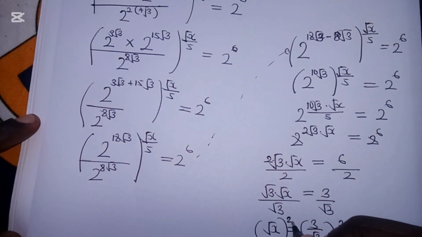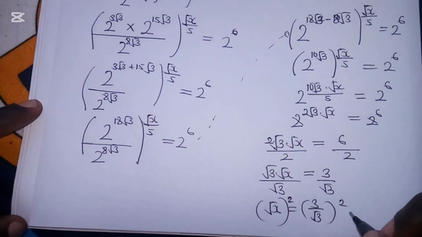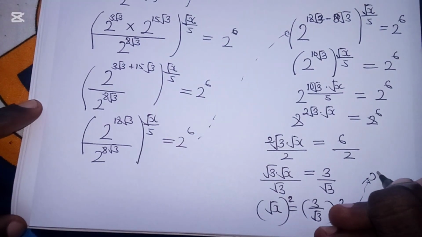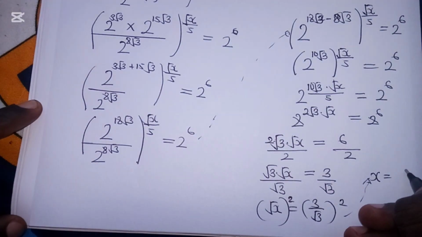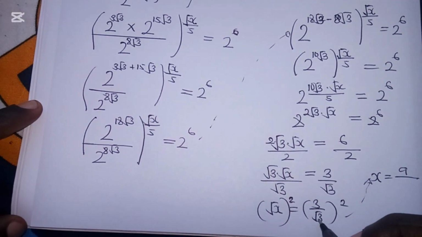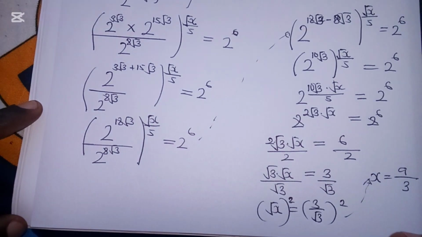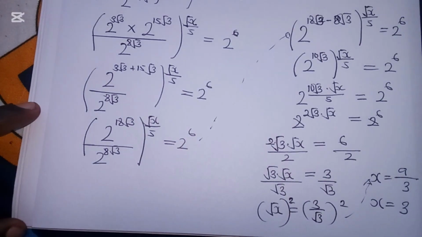We want to get rid of the root, so squaring both sides, automatically the value of x becomes 3 squared giving us 9, divided by the square root of 3 raised to the power 2. The square cancels the square root, then what will remain is 3. Then automatically x here becomes 9 divided by 3, giving us 3.